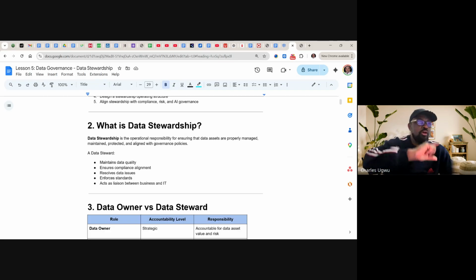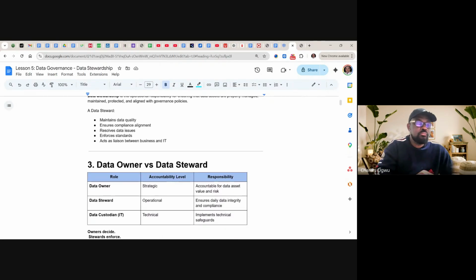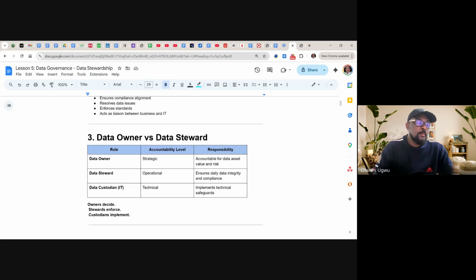So you are the operational wing of data governance. If you like, you can search the internet and see what a data steward is and their job roles.